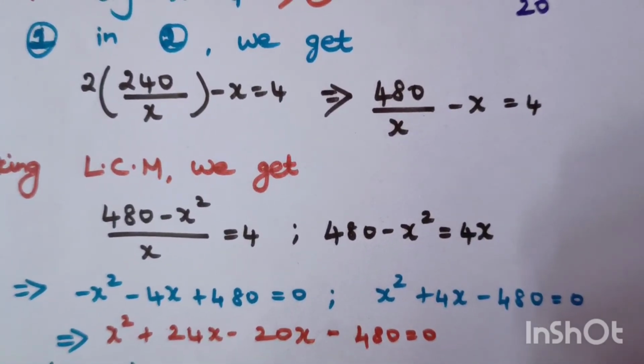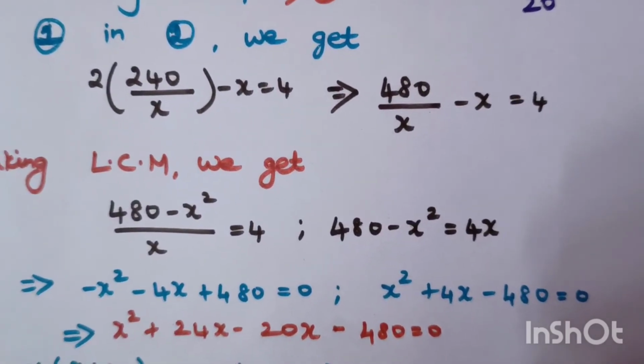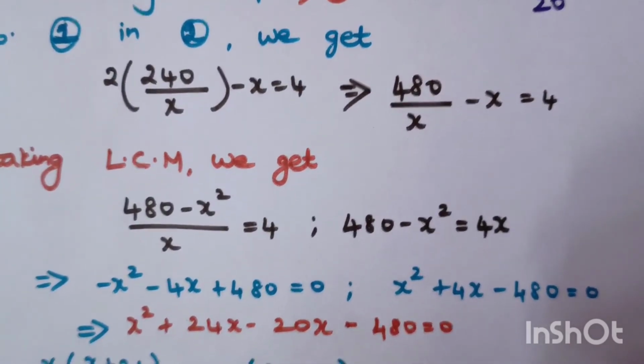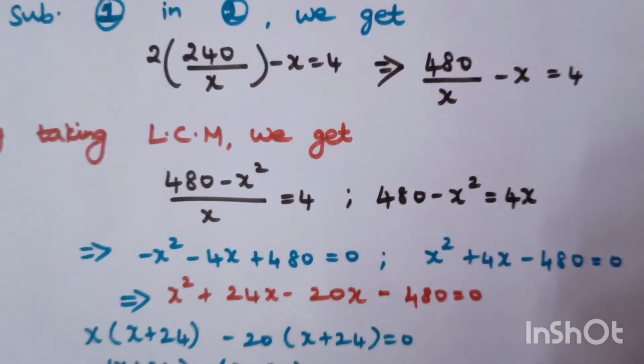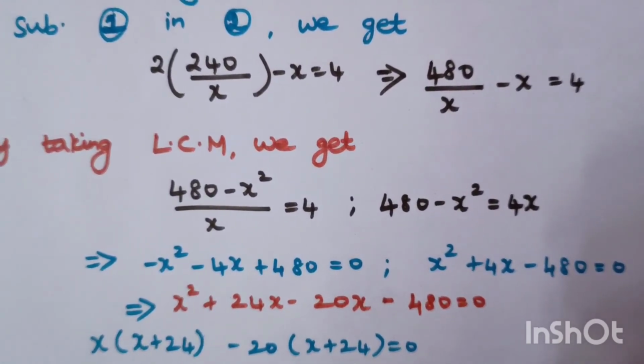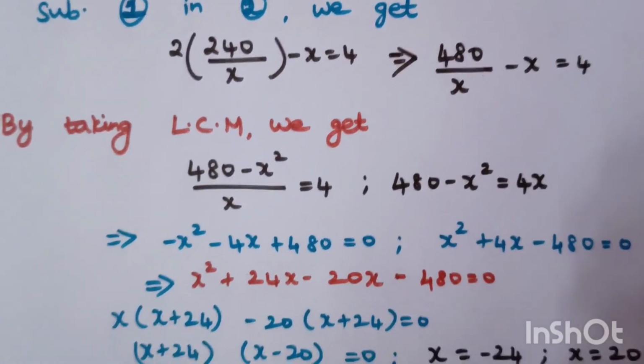So what we get? x into x plus 24. And in the third and fourth terms, minus 20 is common. So minus 20 into x plus 24. Alright. So here I could see x plus 24 is common for both the terms. So we take x plus 24 into x minus 20 is equal to 0.